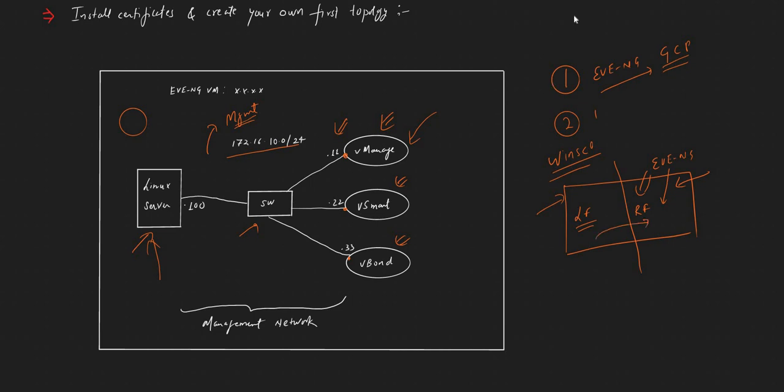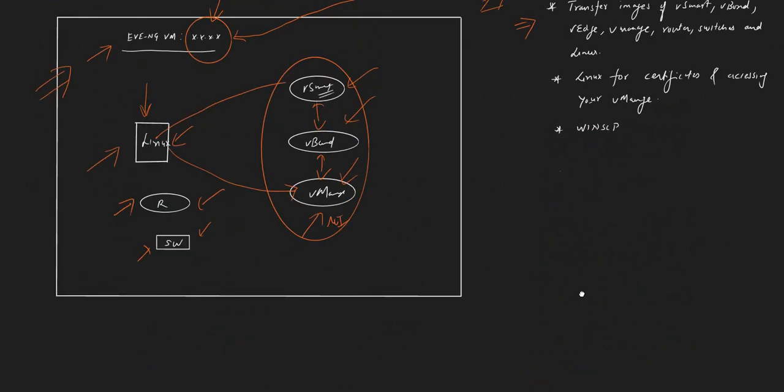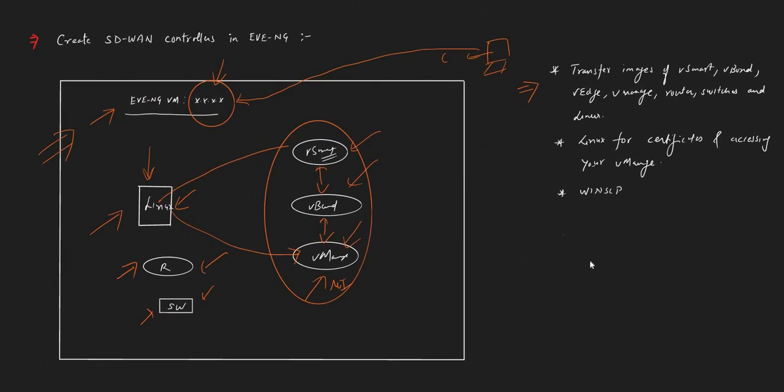That is what I mentioned in the second board also, that we are going to use this WinSCP tool to copy our images. So having said that, let's discuss how we can create a GCP machine. I'm going to tell you the exact steps we need to perform in GCP to get this EVE-NG virtual machine up and running. So let's discuss how we can do that.